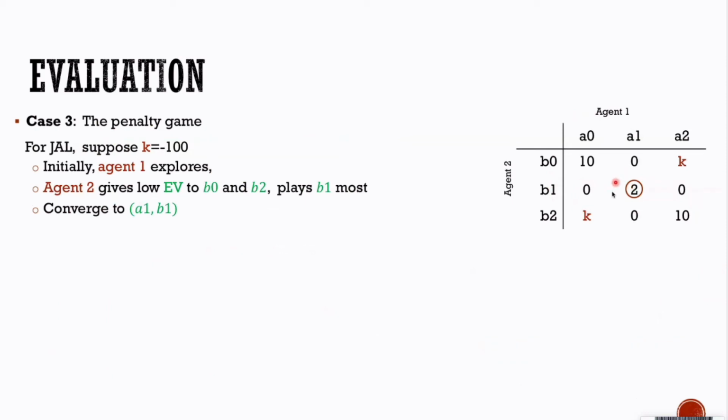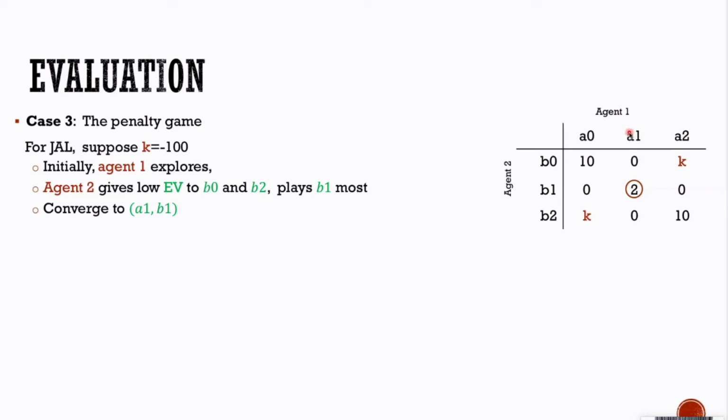But when the k value is going to zero, it means that agent one will be less likely to see the difference between action A1 and the other.